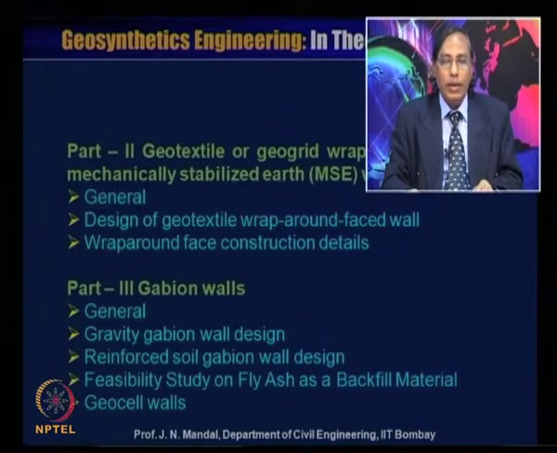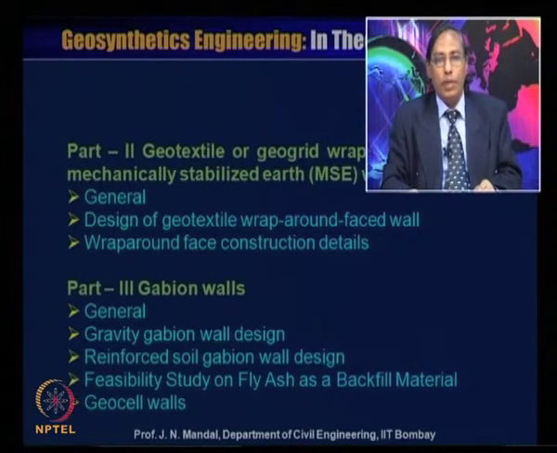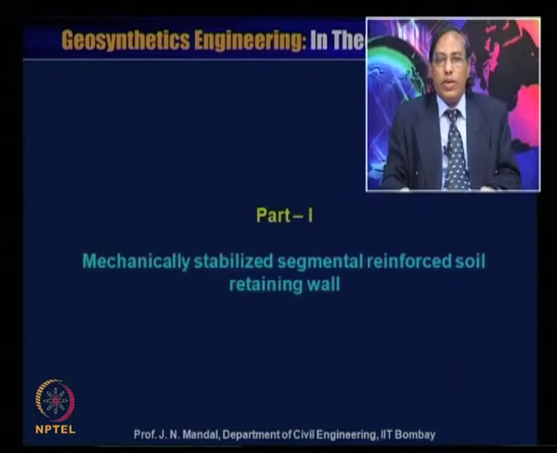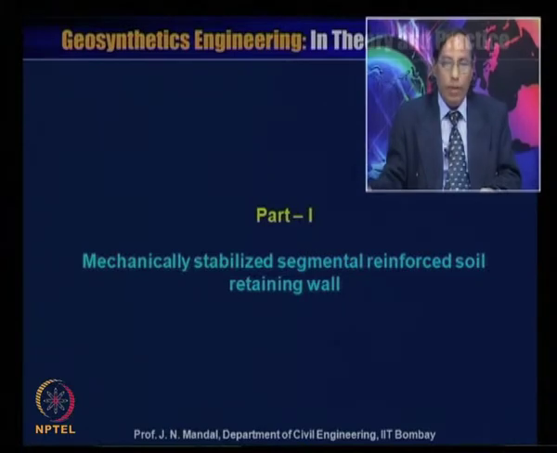And part 3, gabion wall: general, then gabion wall design, reinforced soil gabion wall design and feasibility study on fly ash as a backfill material, and also the geocell wall. Part 1, mechanically stabilized segmental reinforced soil retaining wall.